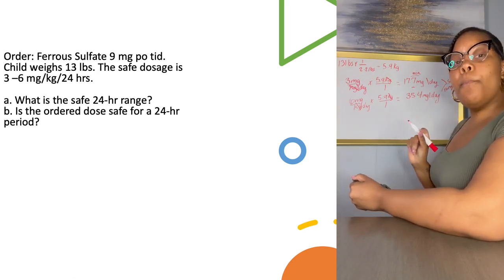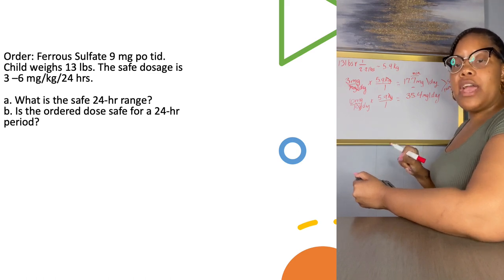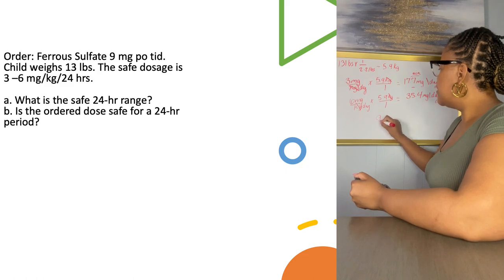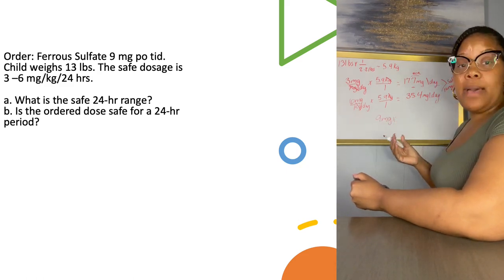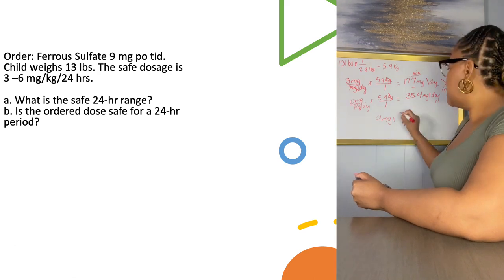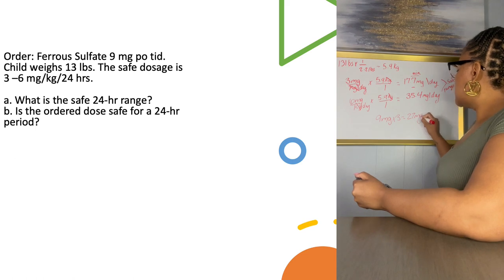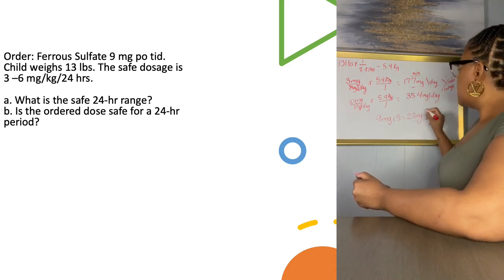So now let's go back to the order. The order says 9 milligrams by mouth 3 times a day. So all we would do is just take that 9 milligrams times how many times it's supposed to be given a day? 3. And we get 27 milligrams. Is 27 in the middle of these numbers? Yes.